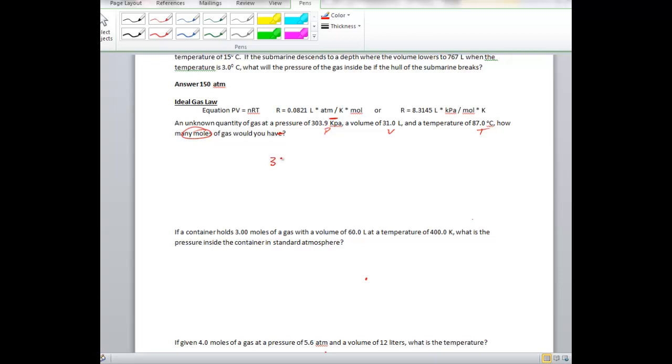So 303.9 kPa multiplied by 31.0 liters is equal to N multiplied by 8.3145 liters kPa divided by moles of K times our temperature, which should come out to 360 K.